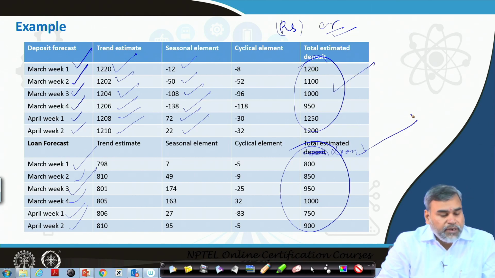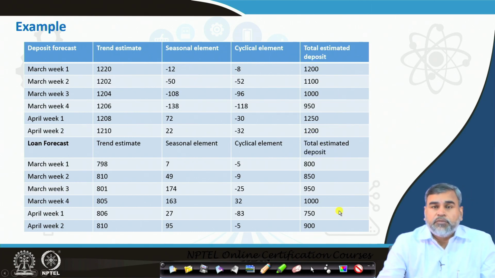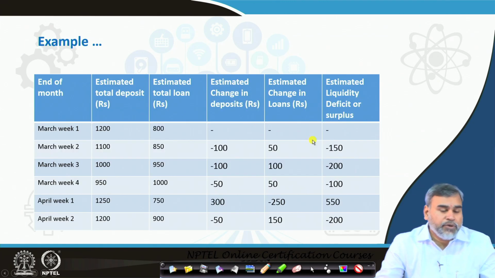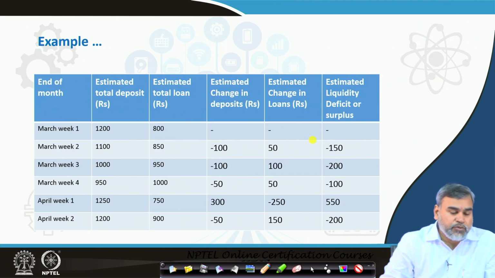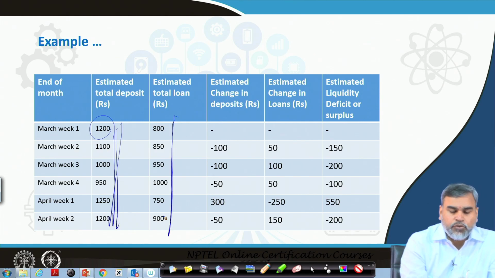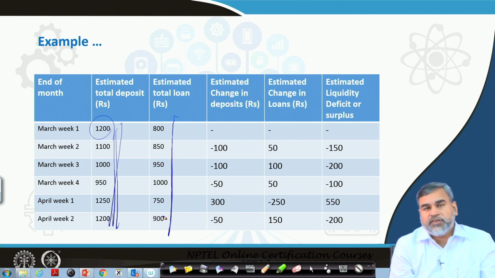So, if you want to calculate this, after this we can find out how much is the liquidity requirement this commercial bank has in this particular period of time. Now we come back to the estimated total deposits and estimated total loans. What we have done is calculate the estimated change in the deposits and the estimated change in the loans.